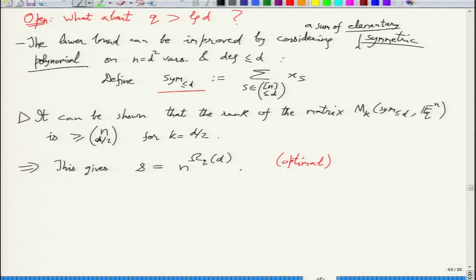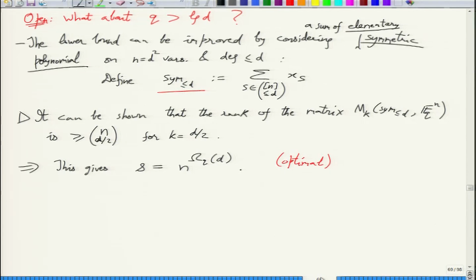Now we go slightly above 2 raised to d. So I guess one syntactical difference, it may be an important difference, is that there we were getting in the lower bound d choose k, where d was the degree, right. Here we are getting n choose d, where n is the number of variables, which is d square.